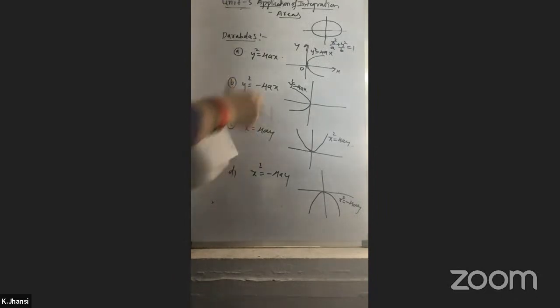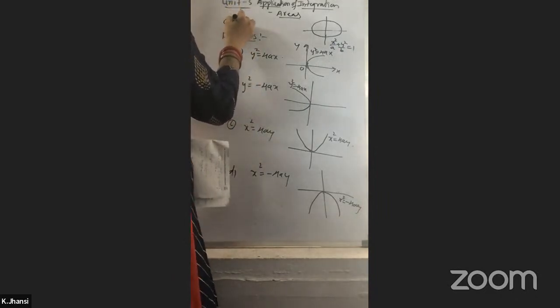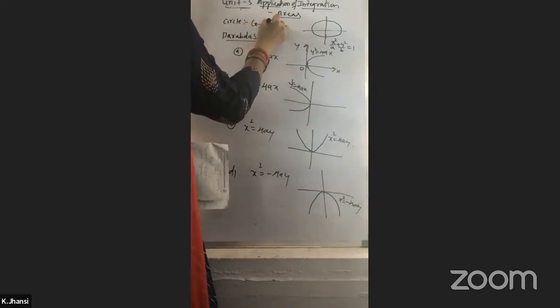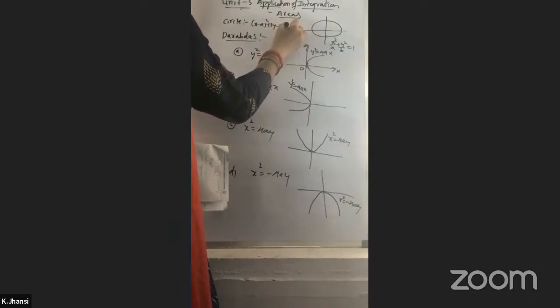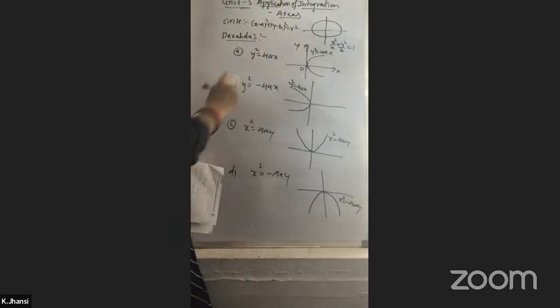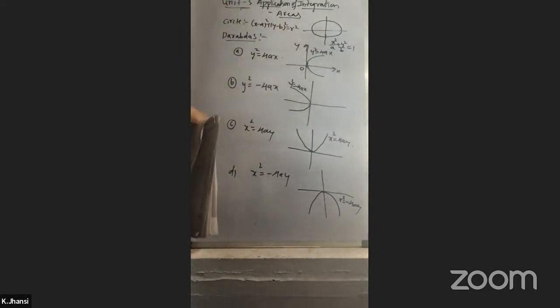And remember the circle equation: x minus a whole square plus y minus b whole square equals r square.